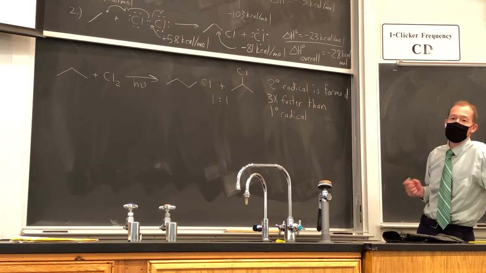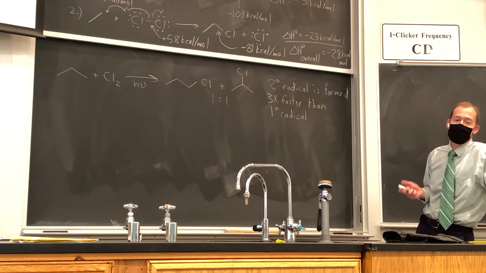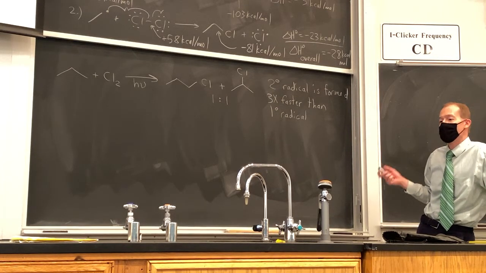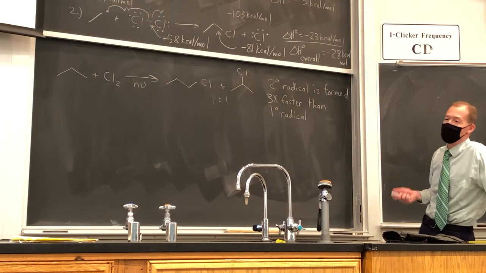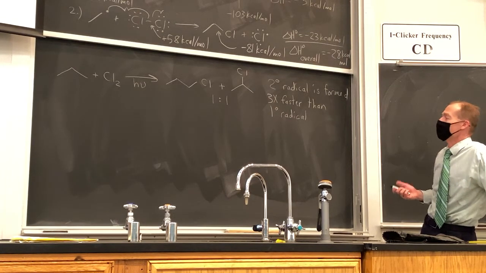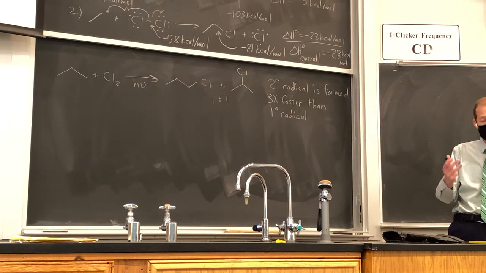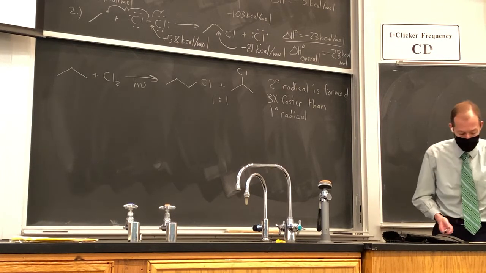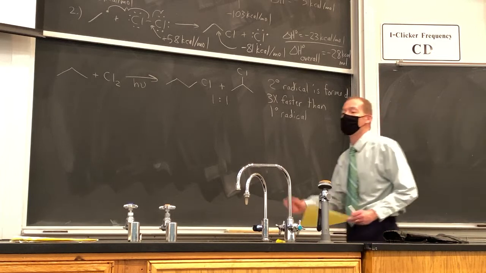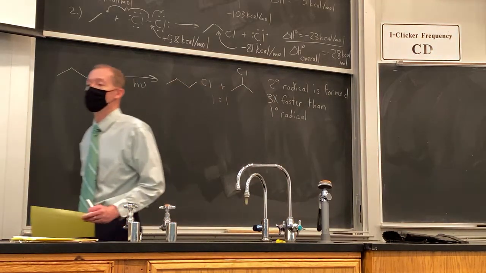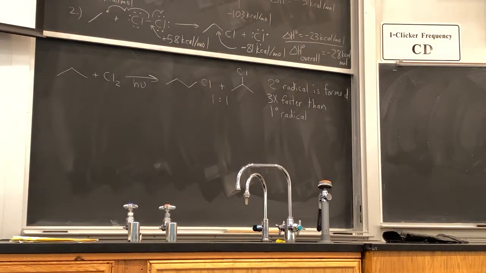Since we're getting 3 times as much of the secondary alkyl halide as we would expect from statistics, that means that the secondary radical must be formed 3 times faster than the primary radical to counteract the statistical effect and give us this 1-to-1 ratio. So the question becomes why? Why are we forming the secondary radical 3 times faster than the primary radical? This goes back to the Hammond postulate.